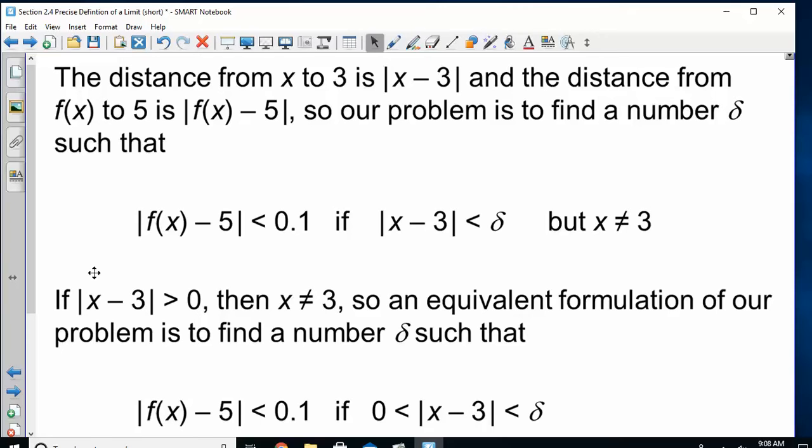We use epsilons and deltas today. So those are just some Greek letters. Okay, so it's saying the distance between f of x and 5, so your y value and 5, is less than 0.1 if the distance between x and 3 is less than delta.